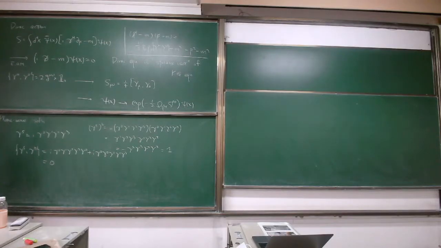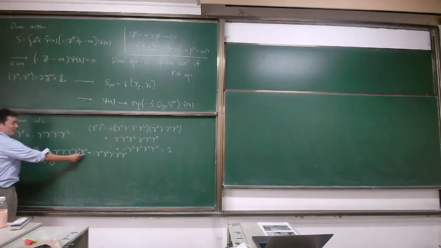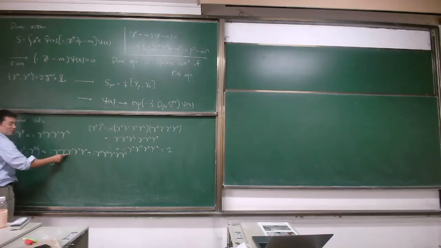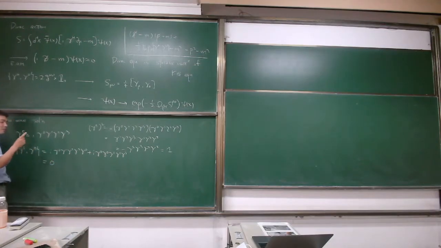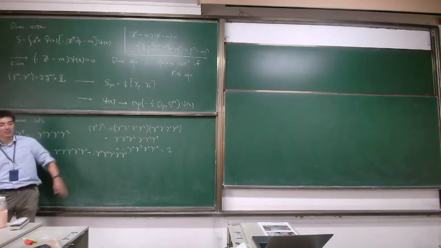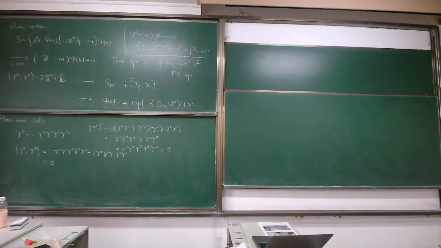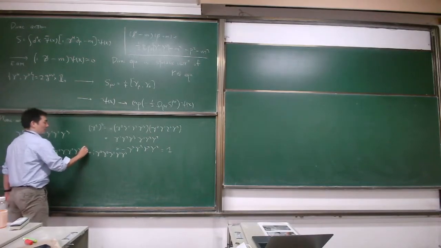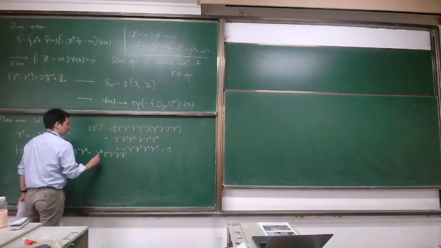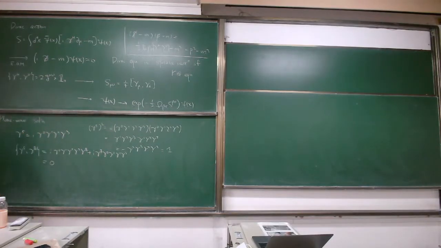If you don't understand what I meant, just tell me. To bring this gamma 0 to here, you get a minus sign, because you have to exchange the gamma matrix three times. Therefore, minus 1 to the 3 is equal to minus 1. Therefore, you get 0. And you can do the same game for gamma 1.